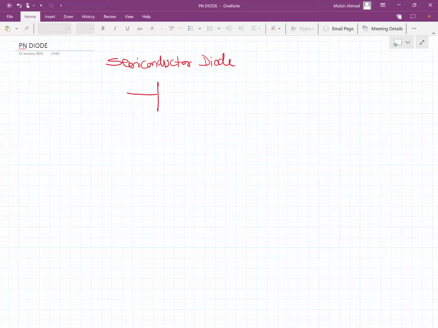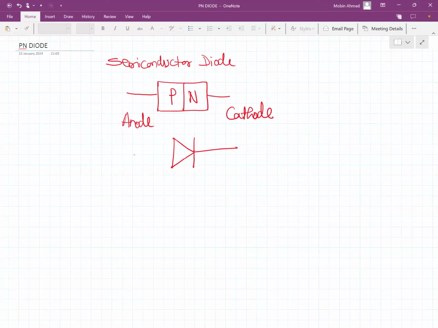So this is known as a P-N diode. This side is going to be the anode, whereas this side is going to be the cathode. The symbol is written A, and K.